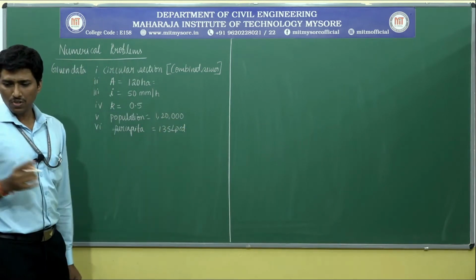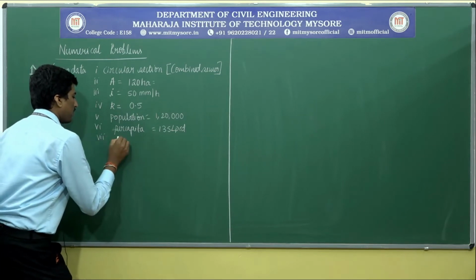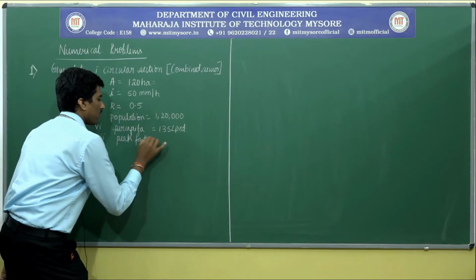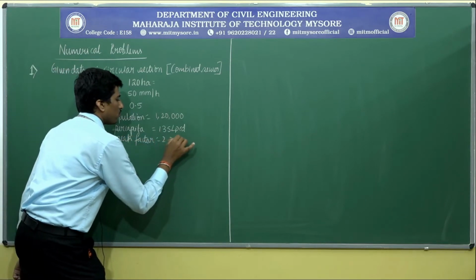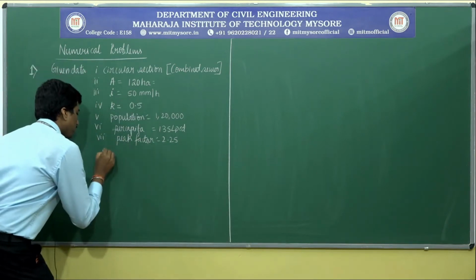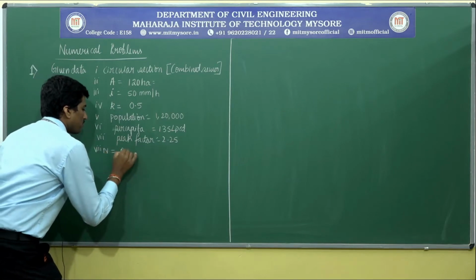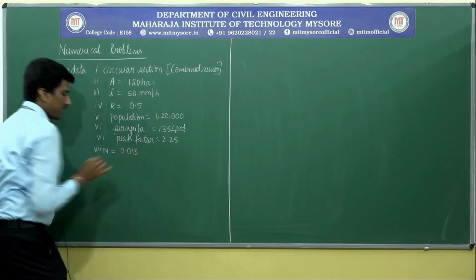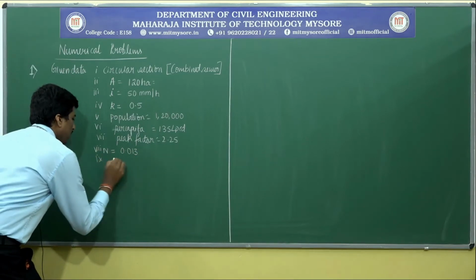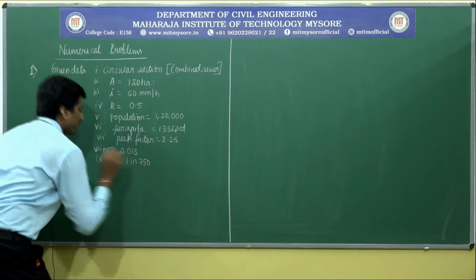Next, you also have a peak factor, given peak factor is equal to 2.25. Next, given N is the roughness coefficient, equal to 0.013. And slope is given, S is equal to 1 in 750.